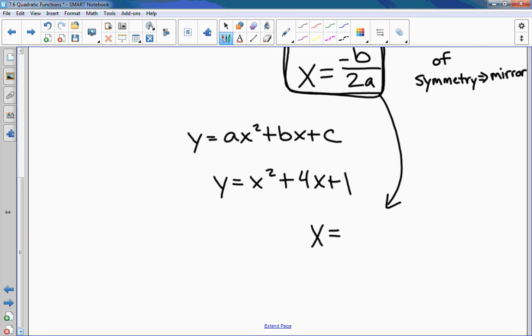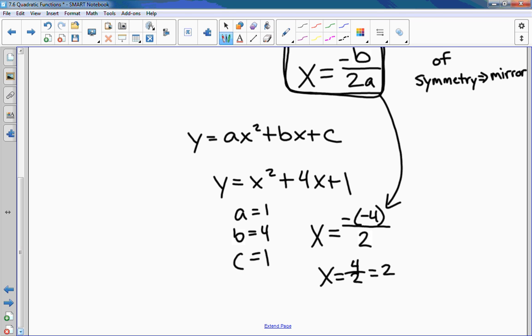The opposite of b is going to be negative 4, so we have negative of negative 4 all over 2a. 2 times a is just 2. So x equals negative of negative 4, which is positive 4, over 2, which equals 2. So x is going to equal 2. That's our axis of symmetry. That's the line of the mirror where the graph is going to be exactly the same on the right-hand side as it is on the left-hand side.